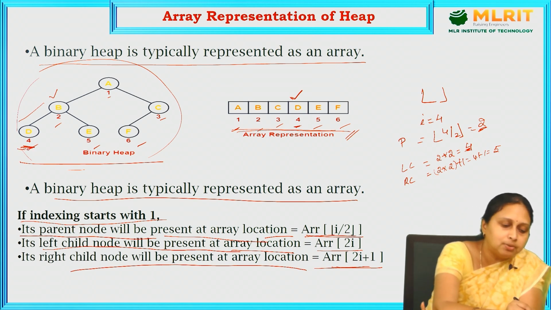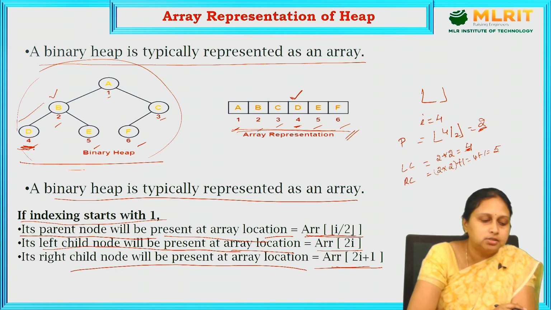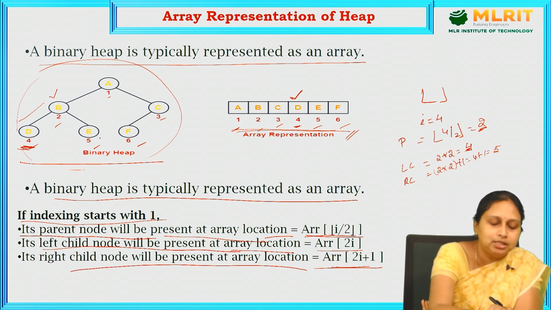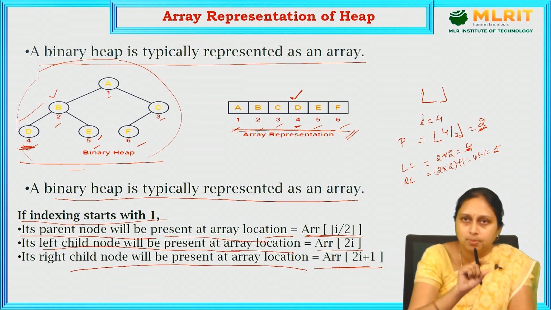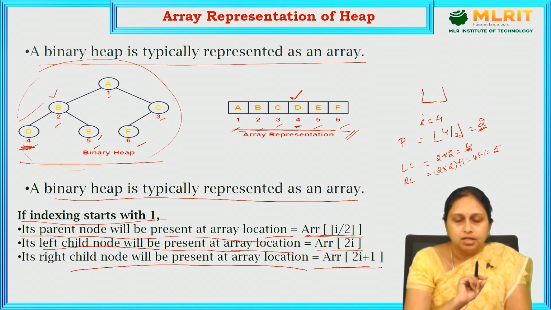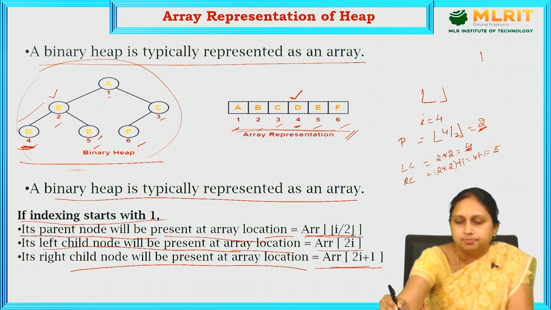And 4 is representing the left child, its node name is D. And what is the right child of it? E is the right child. If I know the parent, from there I can identify which is the left child and which is the right child. Okay.